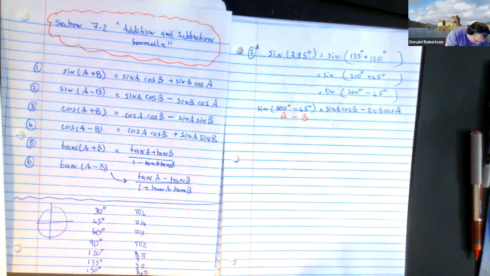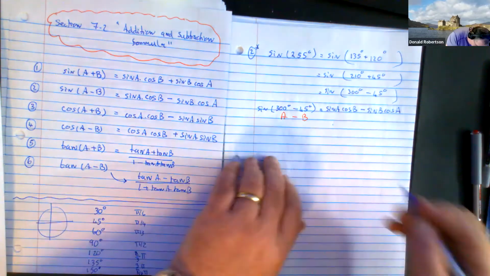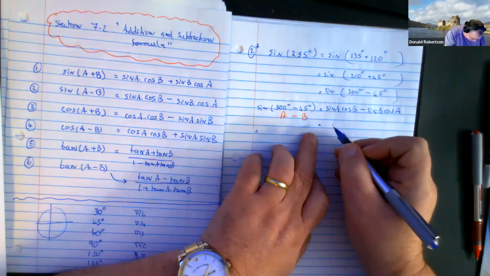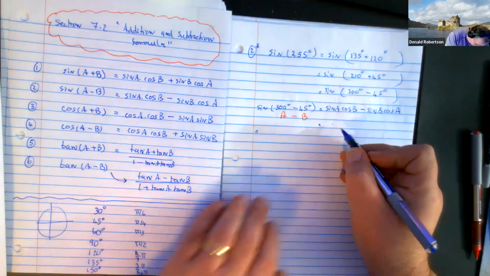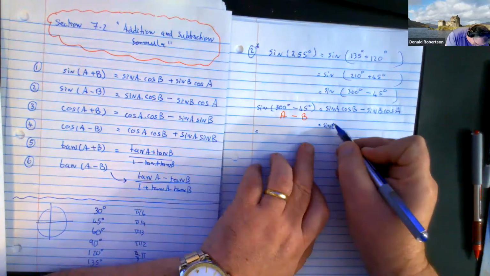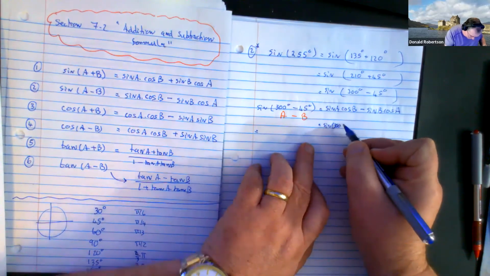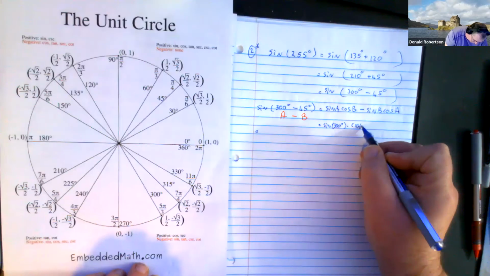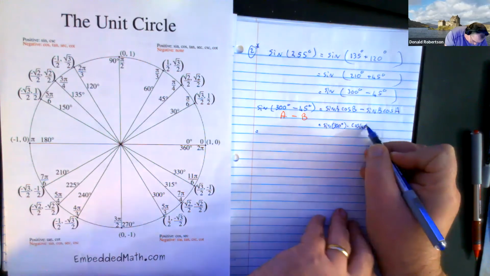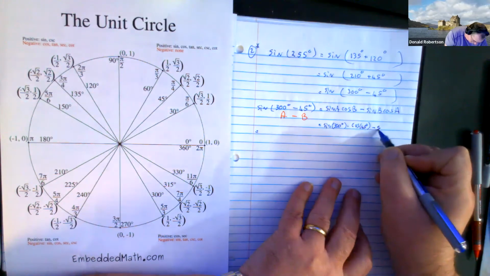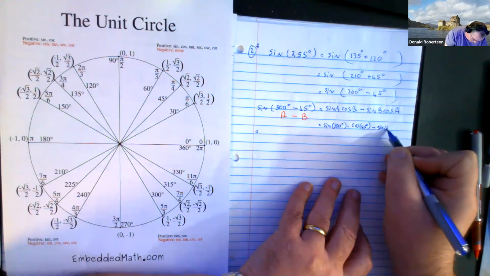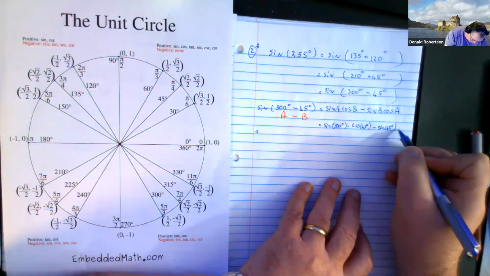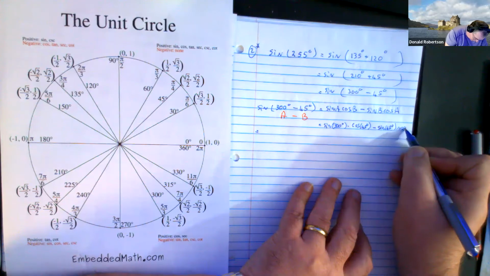Right, now I'll put in all the pieces. A sine of A becomes the sine of 300 degrees multiplied by the cosine of 45 degrees. Take away the sine of 45 degrees times the cosine of 300 degrees.